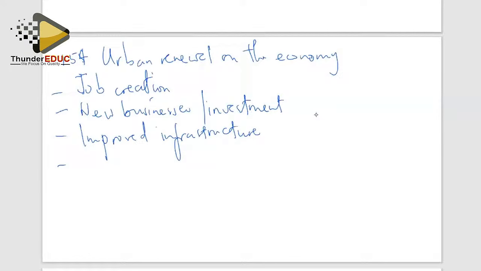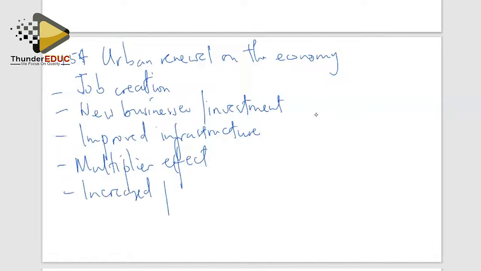And also the urban renewal can result in the multiplier effect. It will also lead to the development of other related businesses. And also we can look at increased property values. If the area has been renewed, it means the property values are always going to increase.